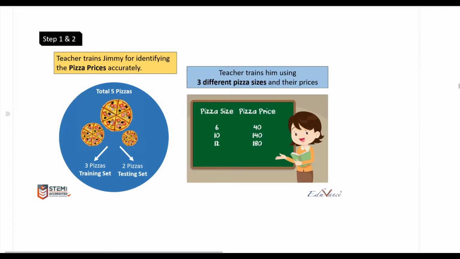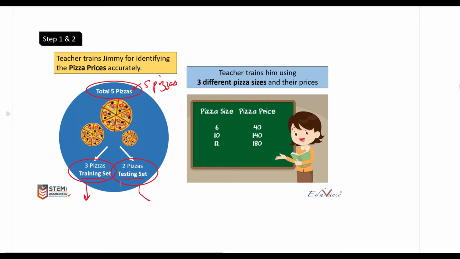In this case, the teacher has information of 5 pizzas that she decides to split such that she trains Jimmy with 3 pizzas and tests Jimmy with 2 pizzas. If you remember, the training was called the training set and the testing was called the testing set.